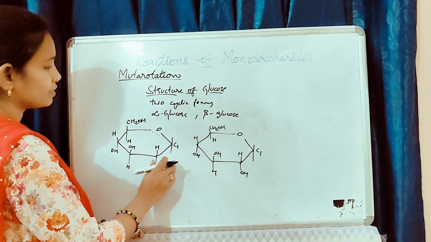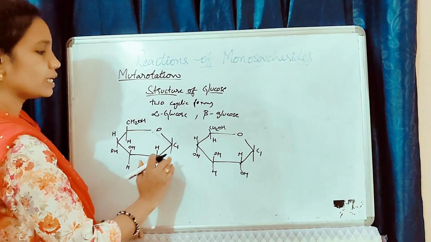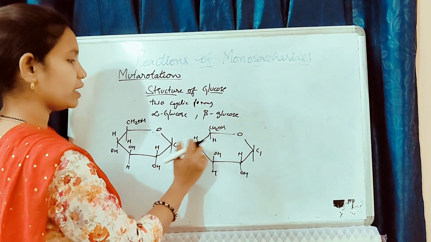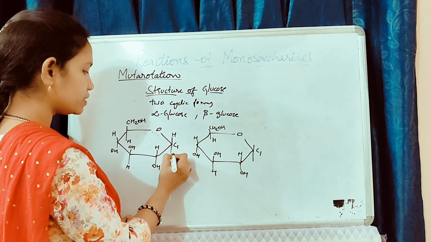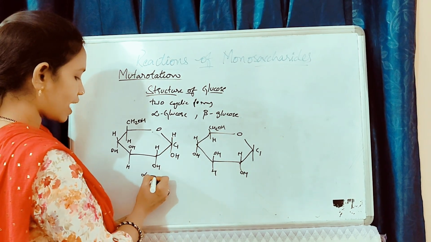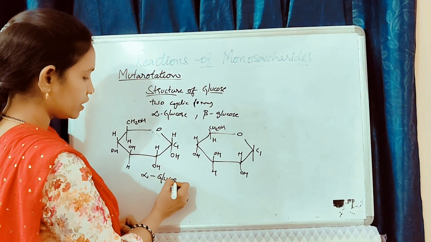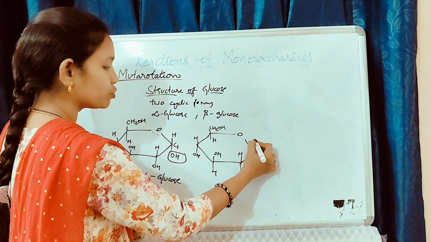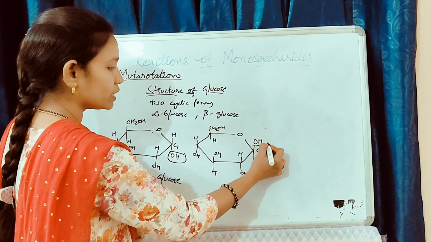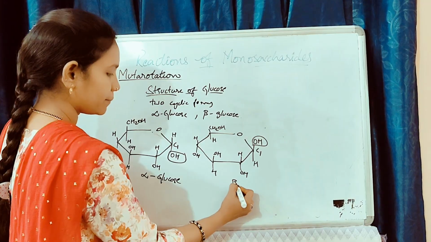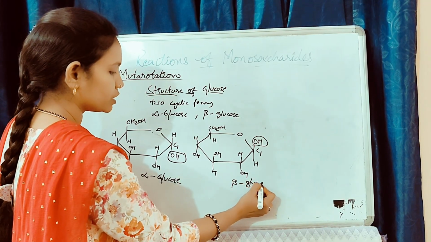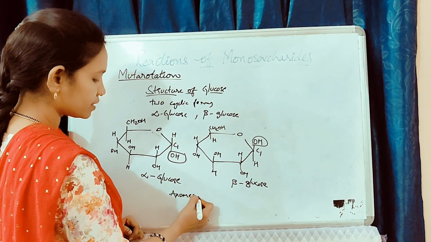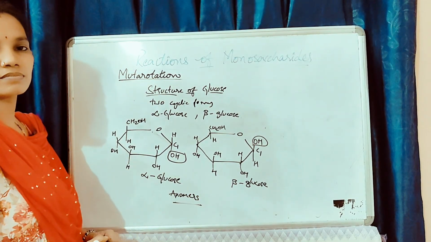If you see the alpha glucose and beta glucose, there is a change in configuration of the C1 carbon. If the OH group is down, we call it alpha glucose. Here you can notice that the OH group is down. If the OH group is up, then we call it beta glucose. These two forms we call anomers. Is it clear?